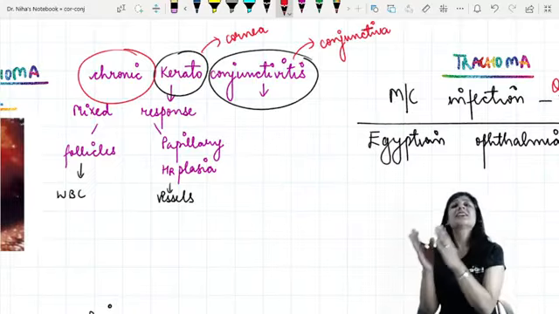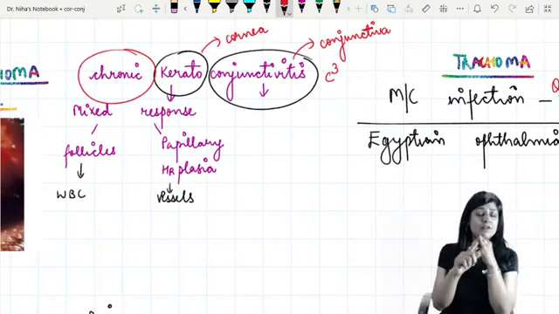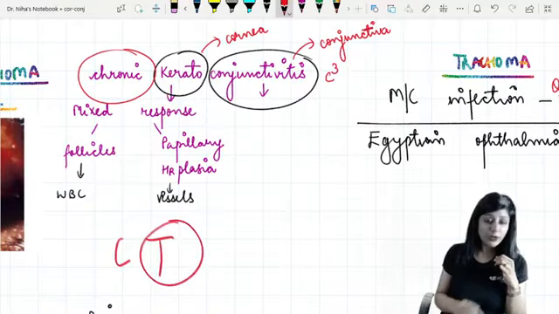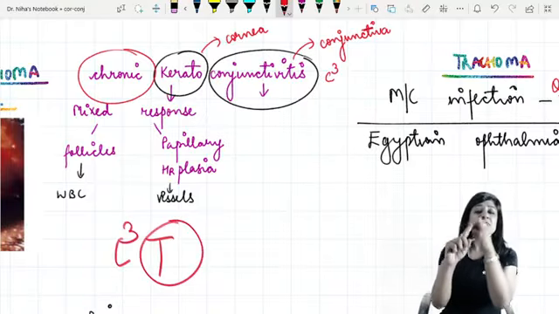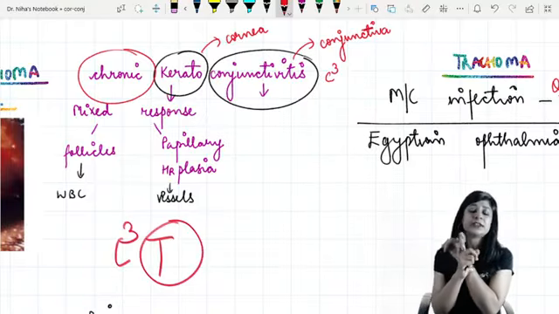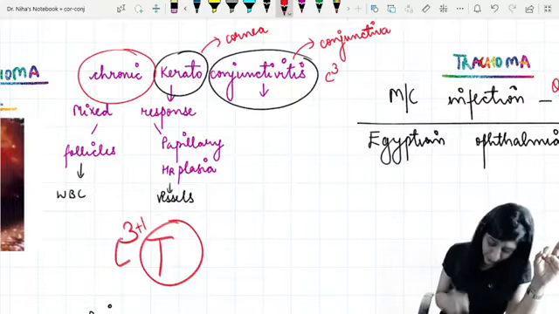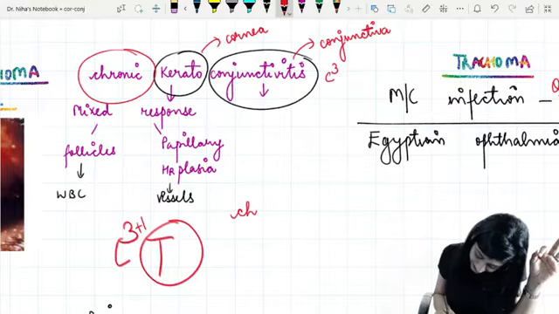So 3 C's. This is your C to the power 3. So always remember CT, CT scan, okay? T for trachoma and C3. C for chronic, C for cornea, C for conjunctiva, and then you have C for one more thing, the chlamydia.